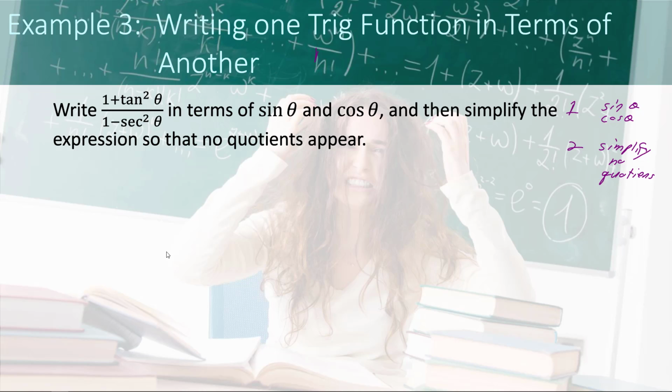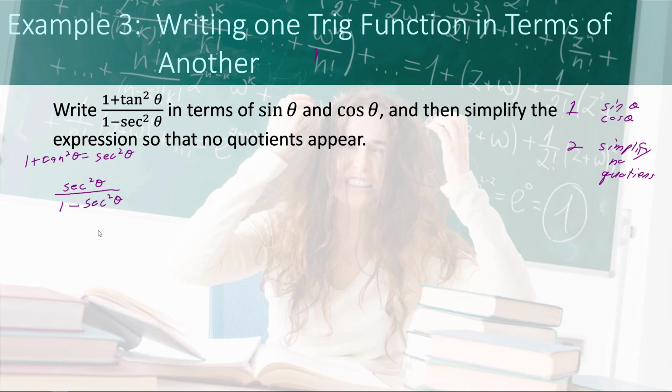Okay, so how can we do this using the trigonometric identities? Well, recall that one of the Pythagorean identities is that 1 plus tangent squared theta is equal to secant squared theta. If that's the case, then we can write this as secant squared theta divided by 1 minus secant squared theta.